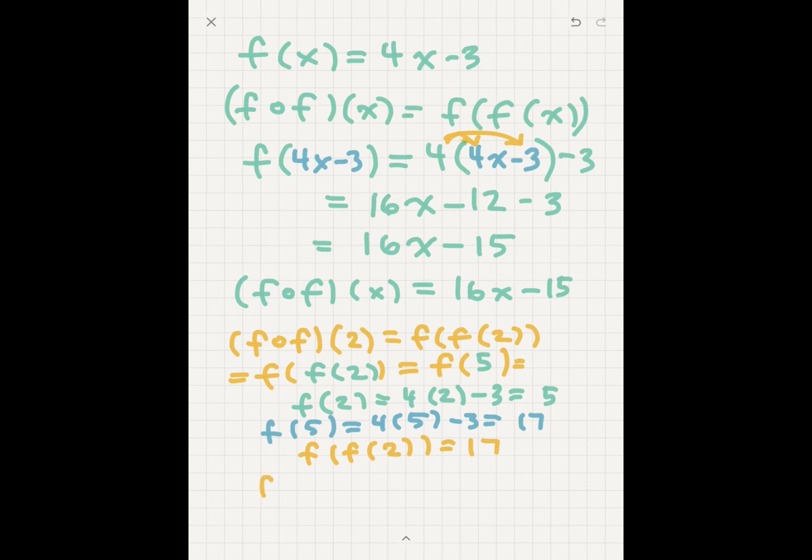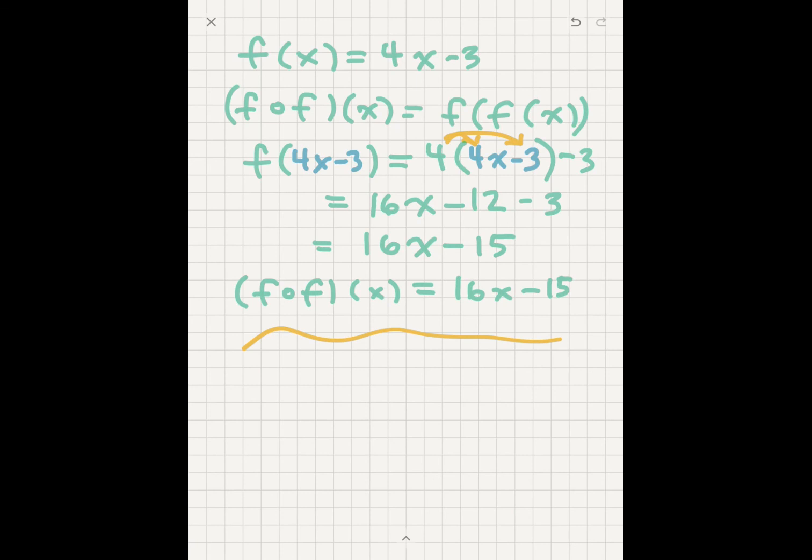On the flip side, f composed with f of 2 should be 16 times 2 minus 15, so hopefully that's true. That's supposed to be a little question mark. So that's 32 minus 15, and I got 17. So I found that my 2 different ways of doing it both gave me the same answer.